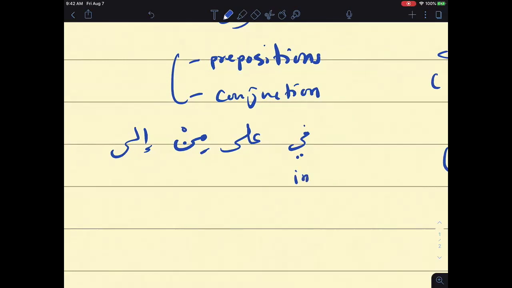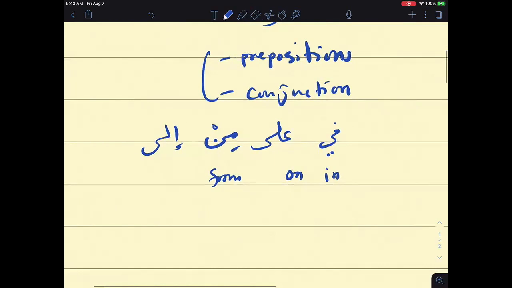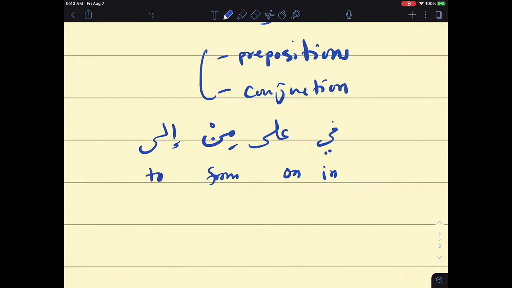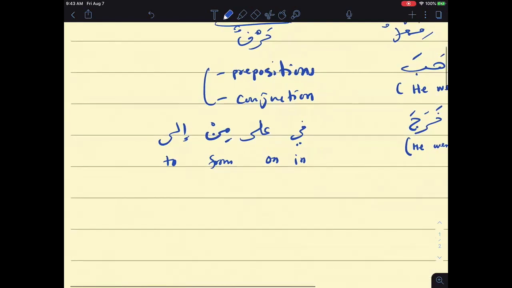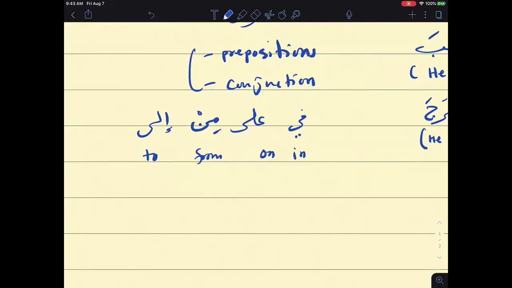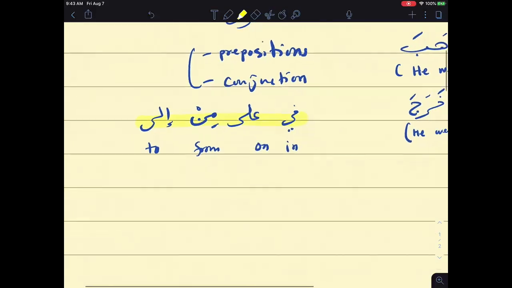What is ala? On. What is min? Did we do min? You guys know min? From, good. What is ila? To. جيد. أحسنتم. I think in this chapter you'll get all four of them, inshallah, so when you go through them, you'll see all four of them.